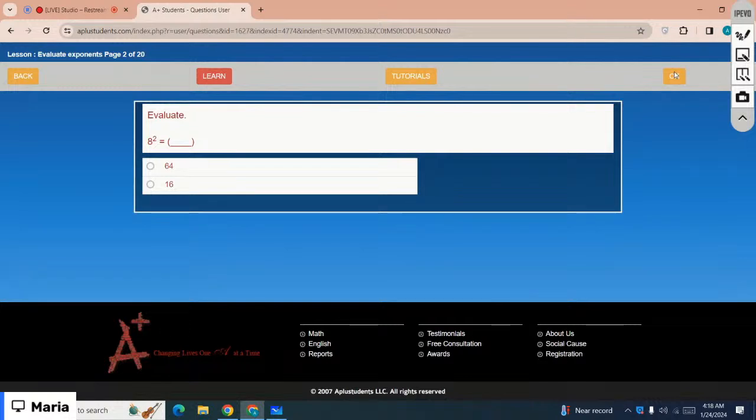The next one is evaluate 8 exponent 2. So which is the correct option?